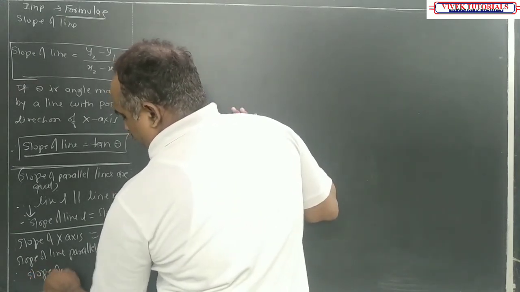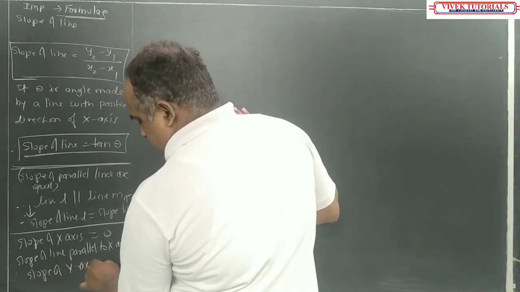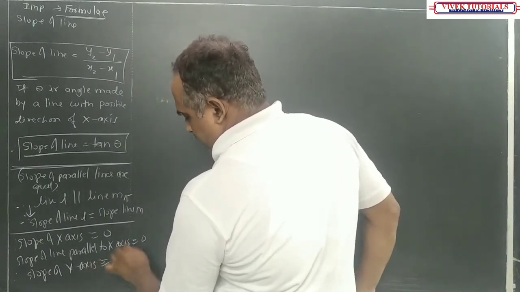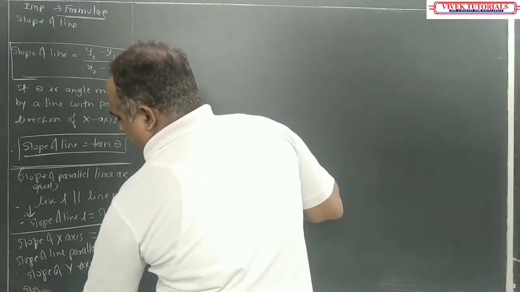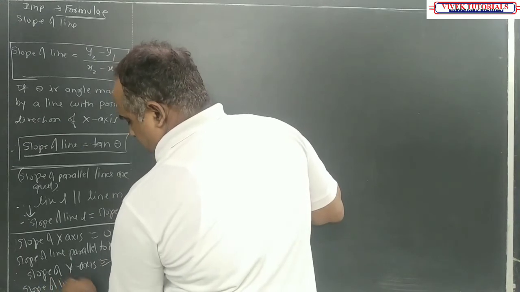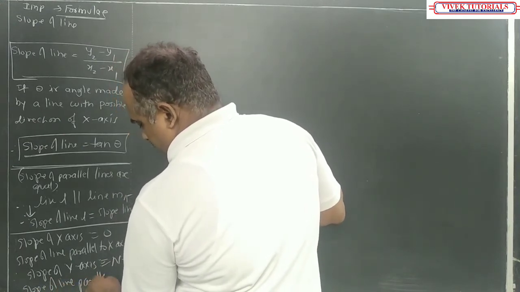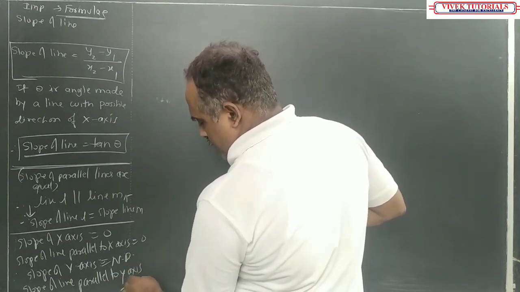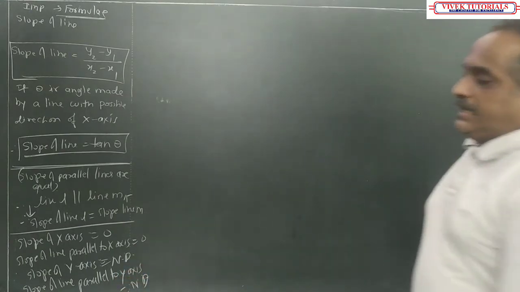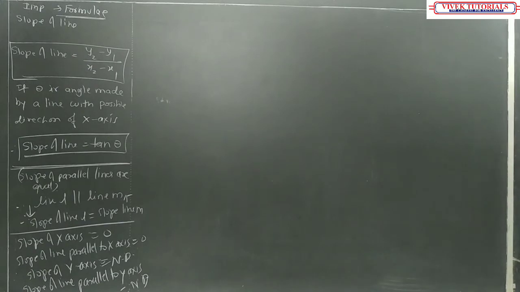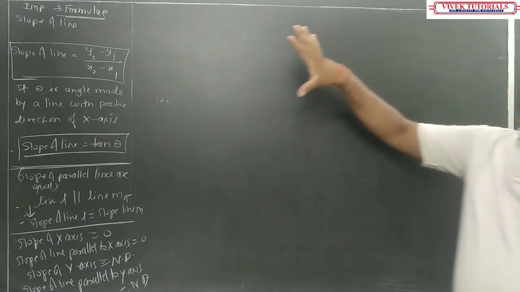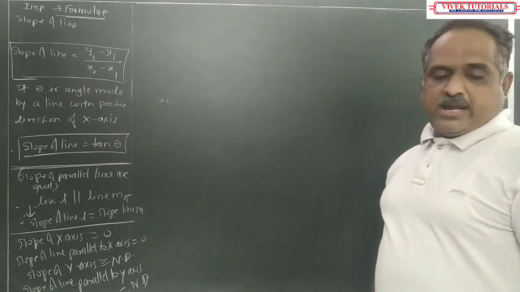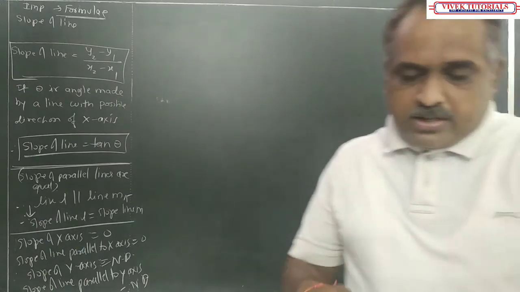Slope of y axis is non-defined, or slope of line parallel to y axis is also non-defined. You have to prepare this completely. Okay, have you understood this? If you are writing it once again, it's okay, but keep this in mind.